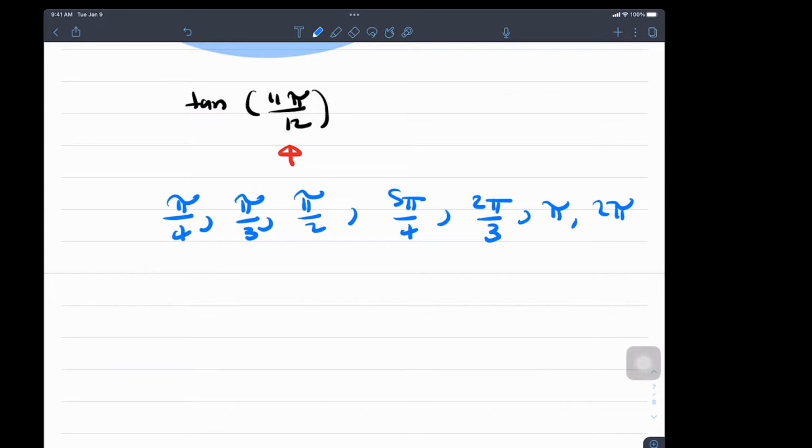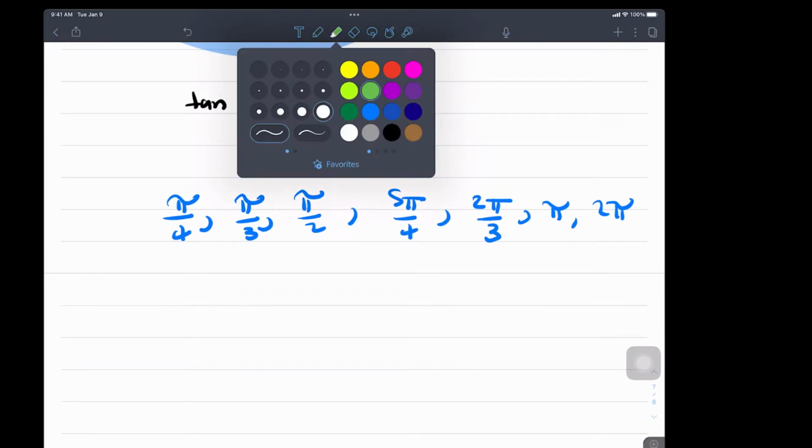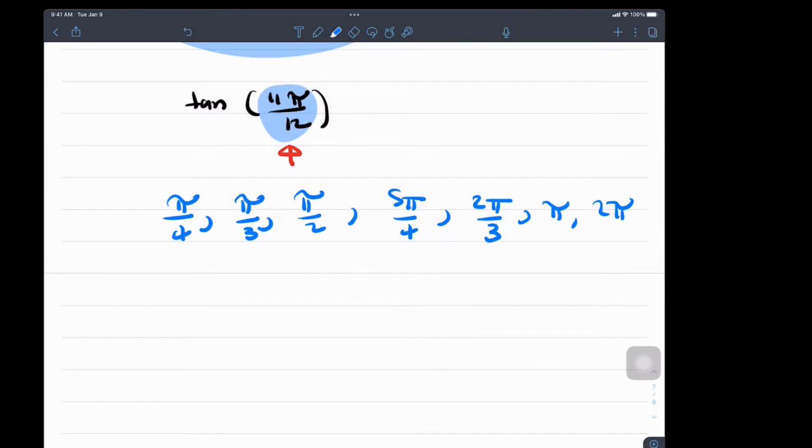So how would I write 11 pi over 12 as a sum or difference? You can kind of cheat. There's no law that says you have to keep with radians.